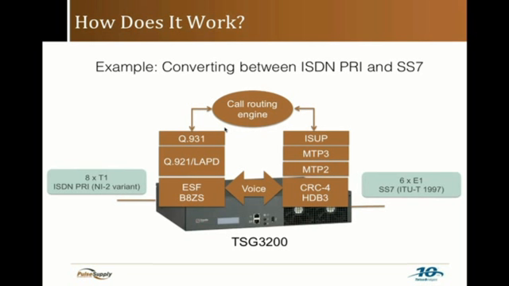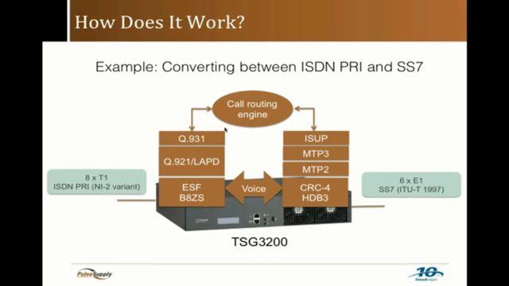And the signaling protocol that needs to be supported there is ISDN PRI. I'm specifically indicating here the NI2 variant of ISDN, or National ISDN 2, but it could be something else like 5ESS or DMS 100, or some other ISDN variant.